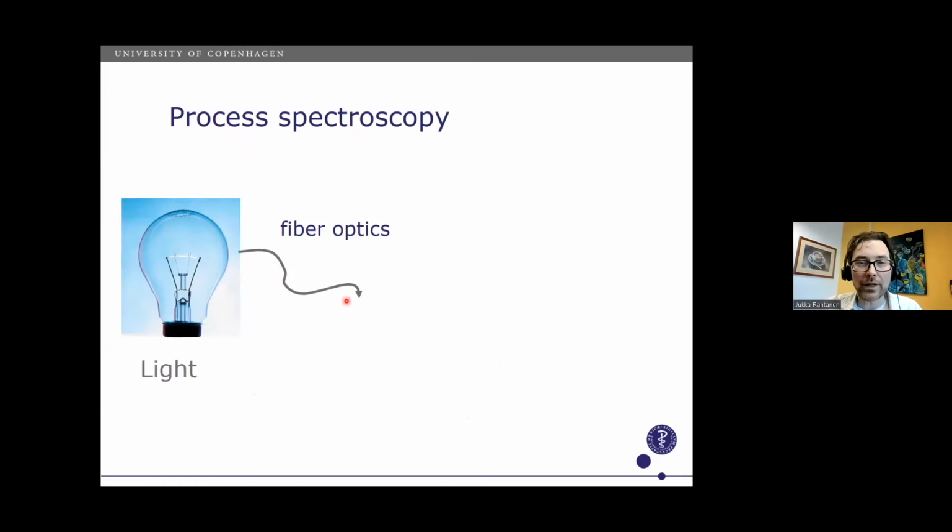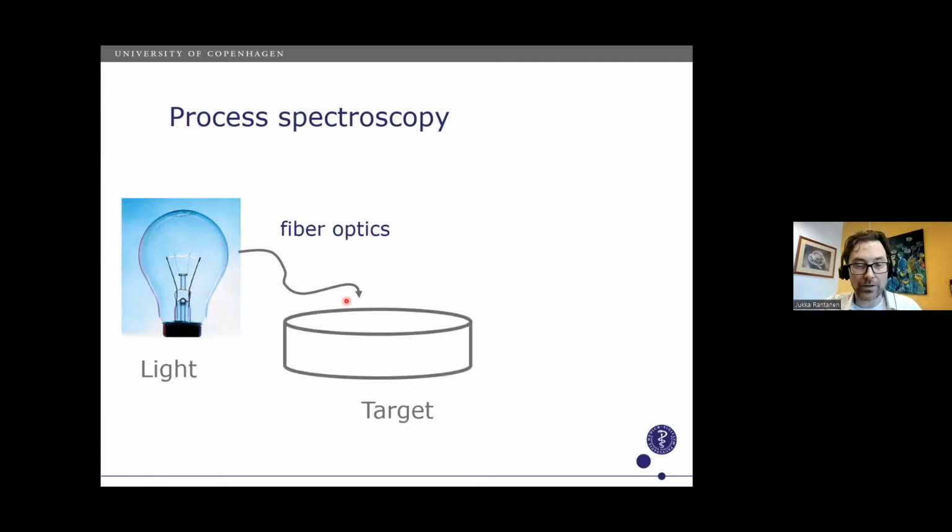Fiber optics are very narrow optical fibers that can take light to the site of action easily. If you are, for example, analyzing a tablet, then the light is interacting with your sample, and then you use again fiber optics to collect the light back to the spectrometer. This is the cycle that is then done with process analytics.